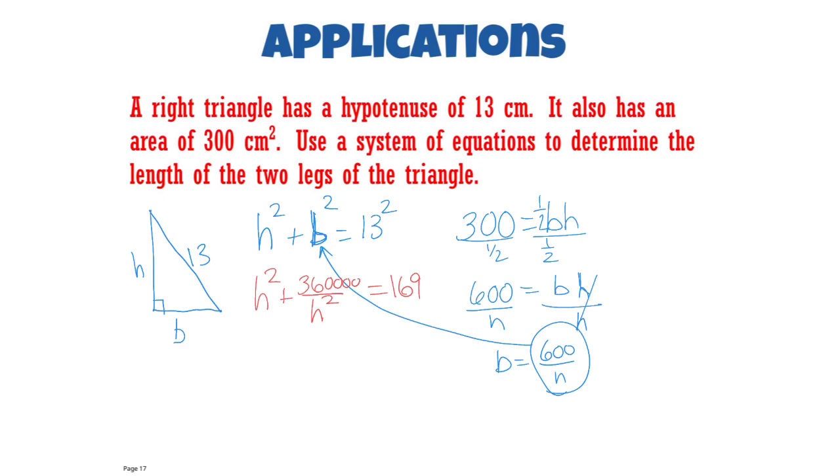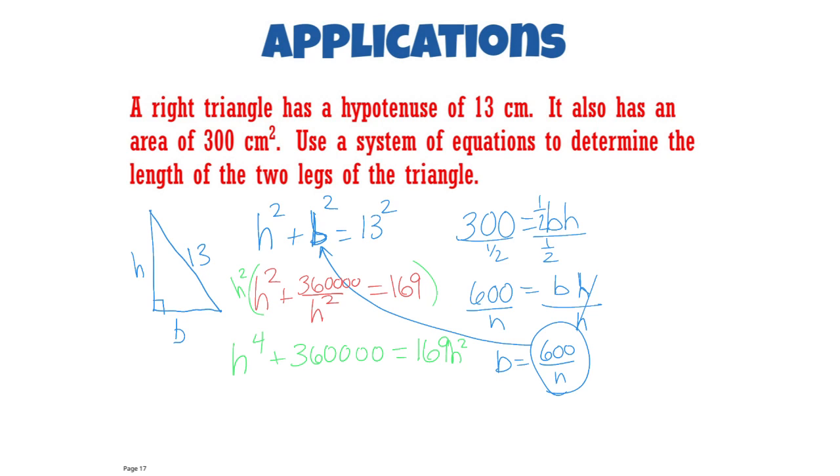Then I'm going to end up with an H to the 4th plus the second term, the H squareds drop out, and I just get the numerator there. And then on the last one, I'm just going to have 169 H squared.